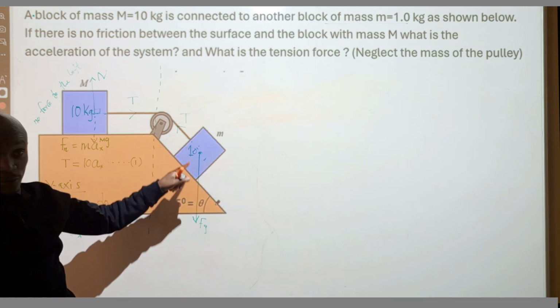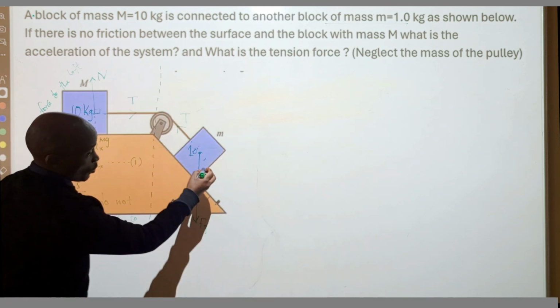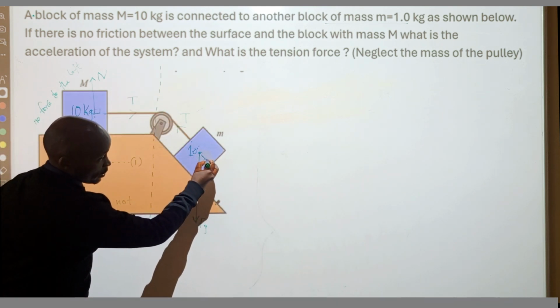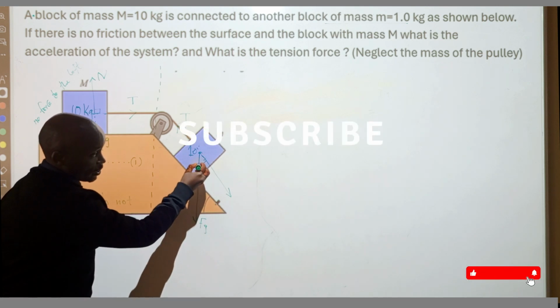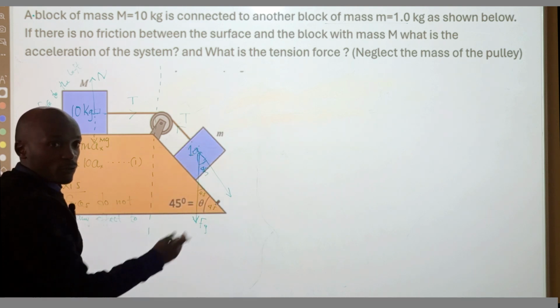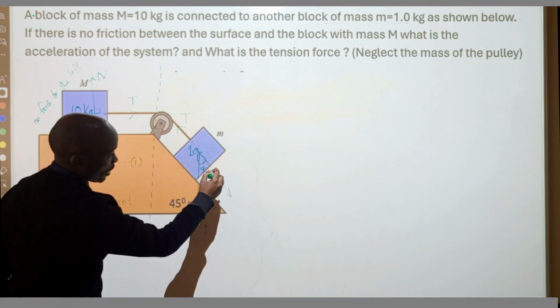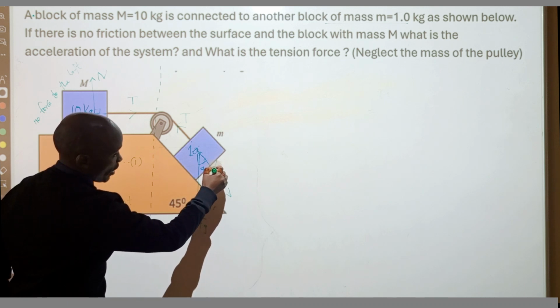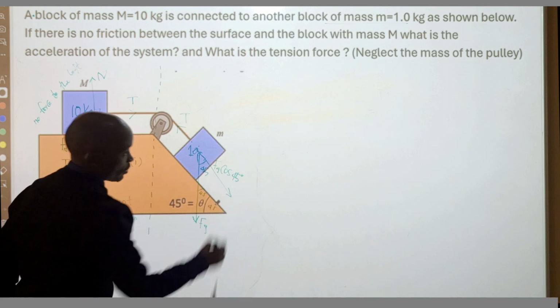Remember, we cannot add forces looking like this. We have to put them in the same line. So what we're gonna do is get the component of weight to this direction. This is 45, so 45 degrees. And therefore, the component of weight into this direction will simply be Fg times the cosine of 45 degrees.